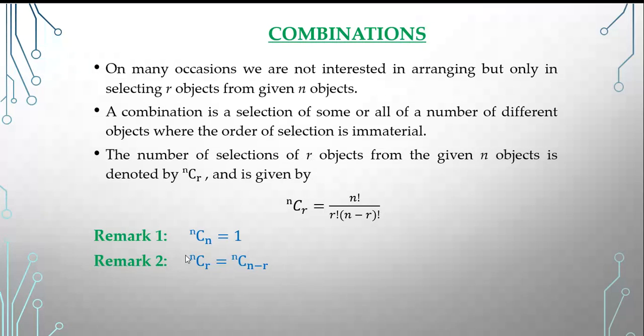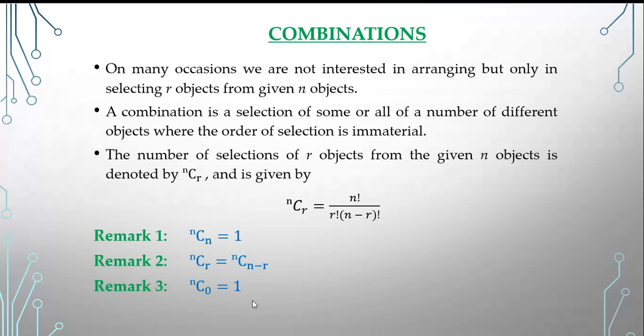So nCr is equal to nC(n minus r), both values are equal. If we select, suppose, no objects out of the n objects, that is nC0, its value is always 1.